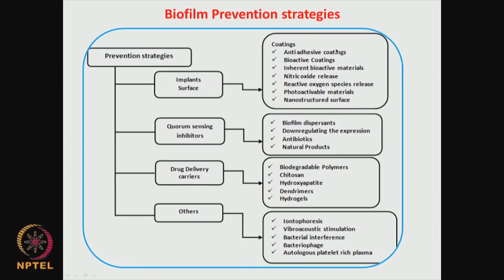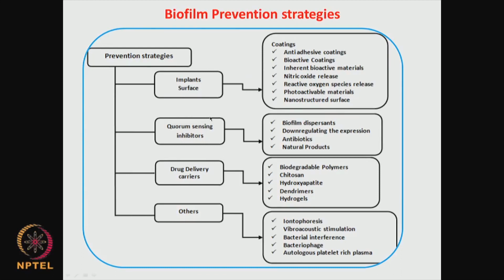That means you do not allow the bacteria to settle and bind. Others include releasing of bioactive coatings, materials which are inherently bioactive, nitric oxide releasing, reactive oxygen species release, photoactivated materials, and nanostructured materials. These are all changes we can make on the implant surface.